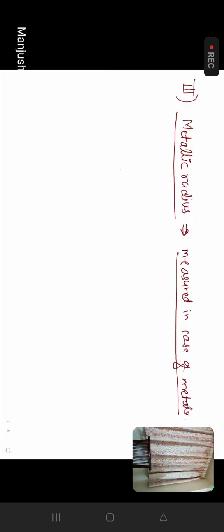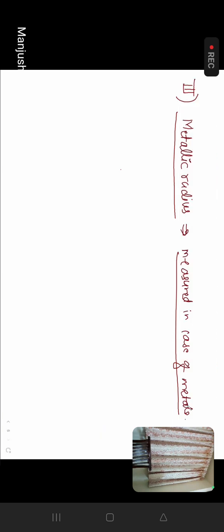Now all of you write, metals form crystal lattices. Do you know the spelling of lattices? Metals form crystal lattices.